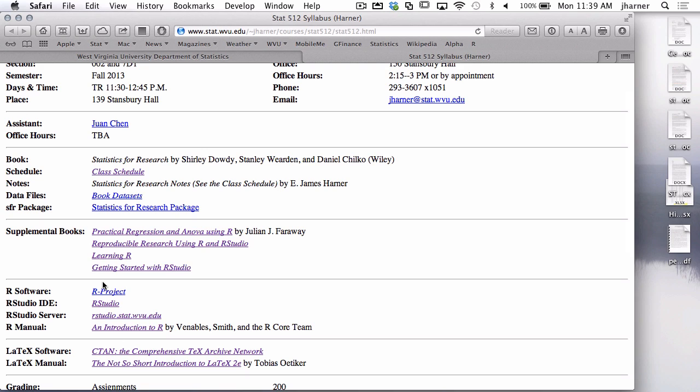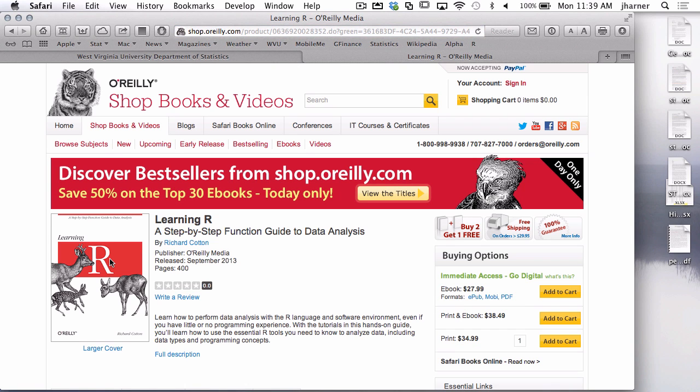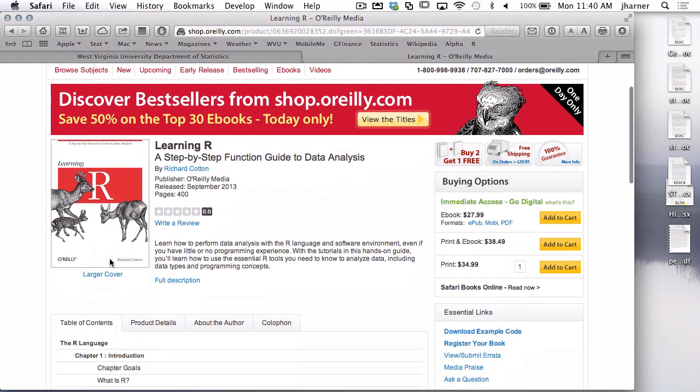In particular, if you want a fairly complete but reasonably easy introduction to R, that third one, Learning R, is a fairly good book. It's not free. You can get it at O'Reilly, and the nice thing is that you can get it as an ebook immediately.